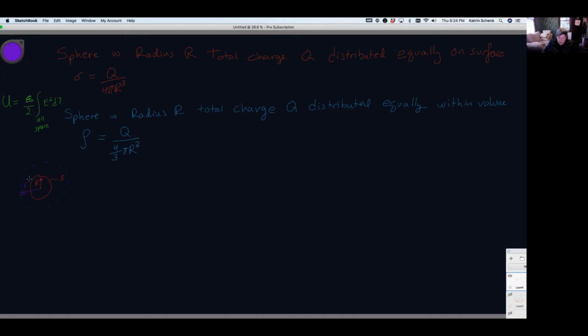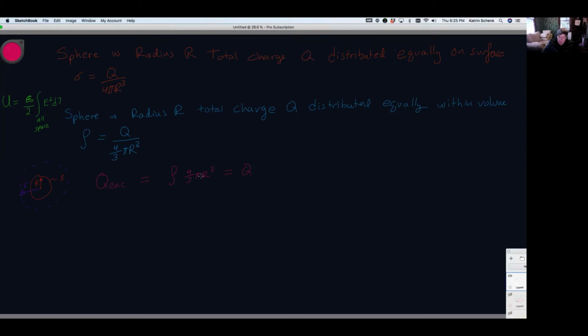The Q enclosed for my red sphere is just, of course, rho times 4/3 pi R cubed, in other words, just Q, because it's the total charge. I'm going to use those interchangeably. I might just keep Q and not worry about rho.